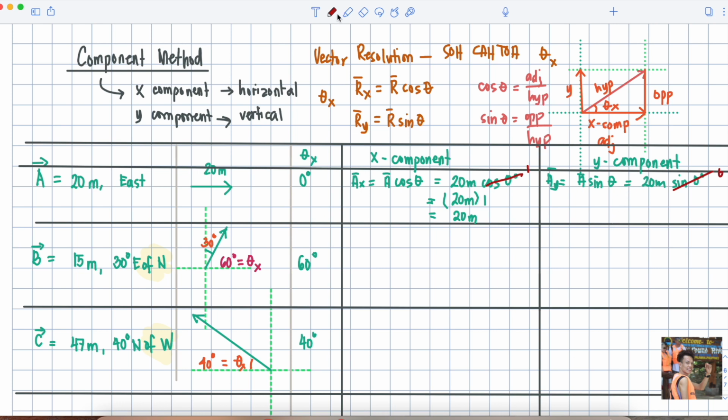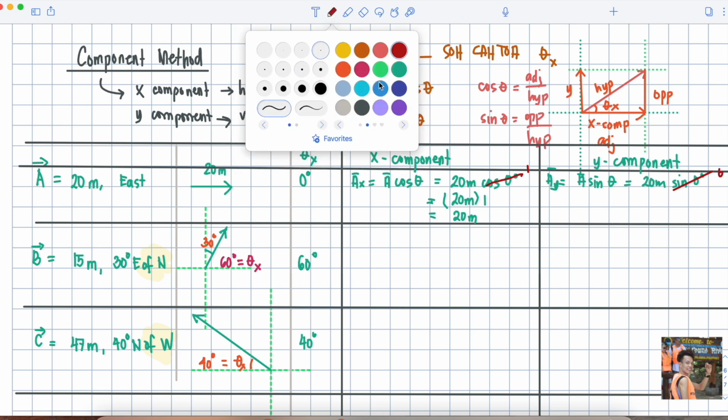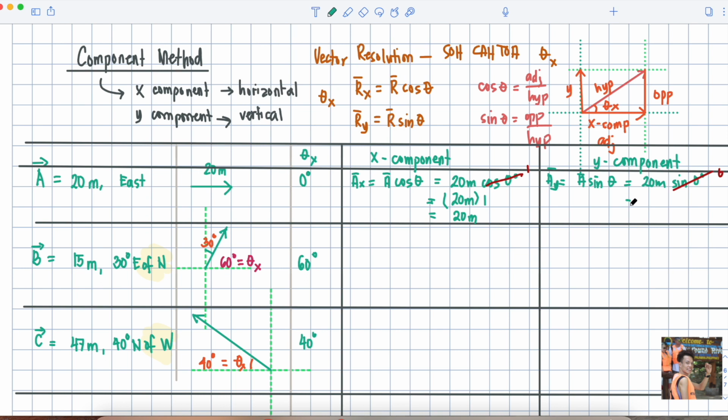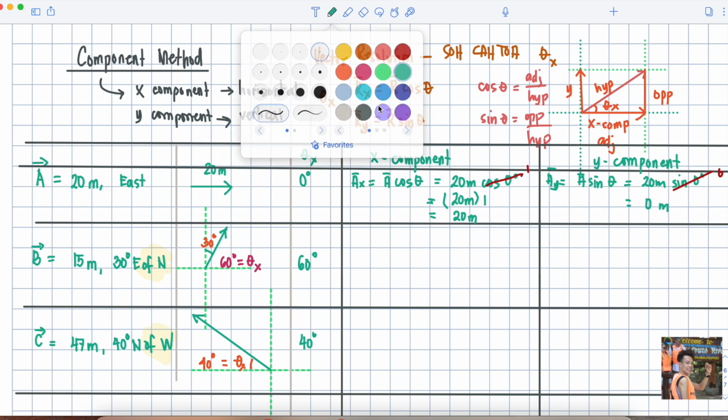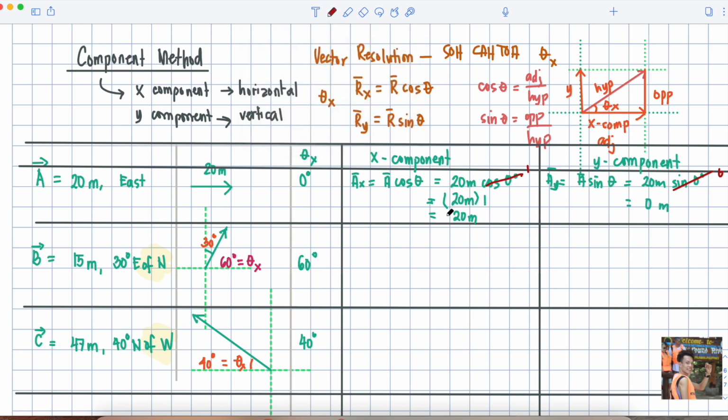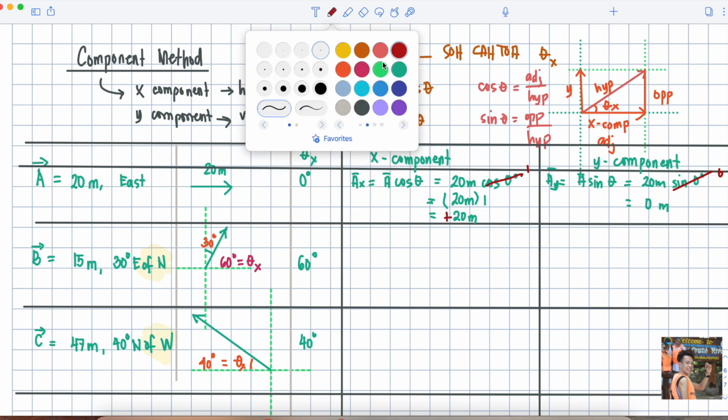Therefore, 20 meters sine 0 degrees is equal to 0 meters. Using our Cartesian plane as a reference, a vector lying on the east direction takes a positive sign in its x component.